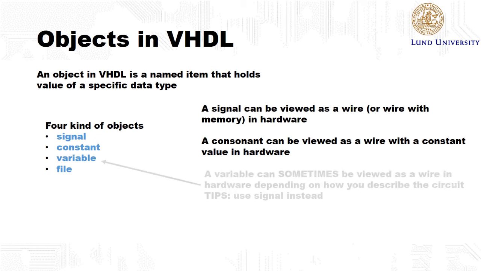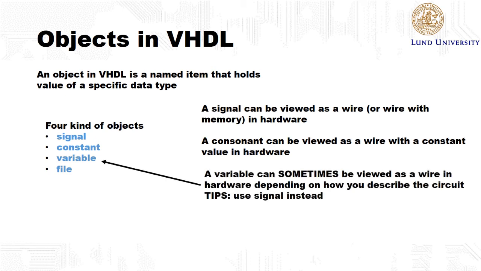The variable is a bit tricky, and depending on how you structure your VHDL code, it can sometimes be viewed as hardware, but this is highly depending on how you describe your circuit. And I know that there are a lot of examples online that use the variable to describe logic circuits, but I recommend you not to do this. There's really no benefit of using variable instead of signal.